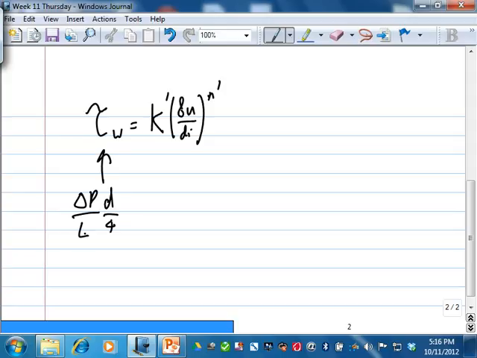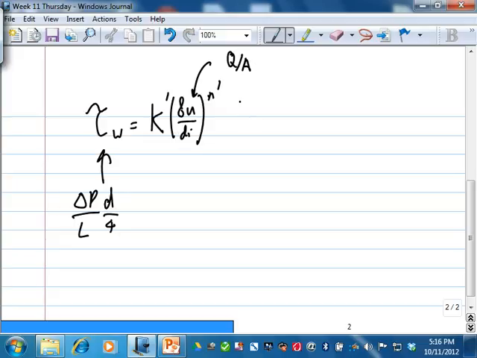So if we measure the pressure drop and we measure the flow rate, that's equal to Q over A, the average velocity, and the pressure drop, we can get K prime and N prime, basically. And some of you might be tempted, let's see whether correct or not.